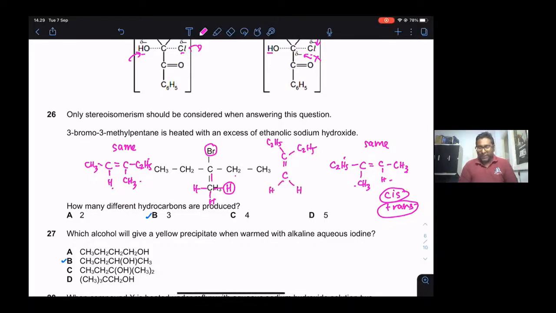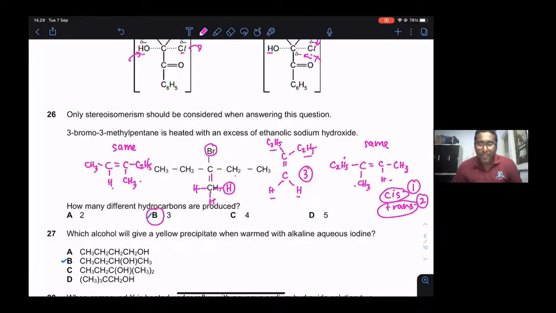The interesting part is that they don't have cis and trans because the carbon is attached to the same groups. So there's only one. So how many of them? You have 1, 2, and 3. So 3 different. That's all for today. Later we will continue.